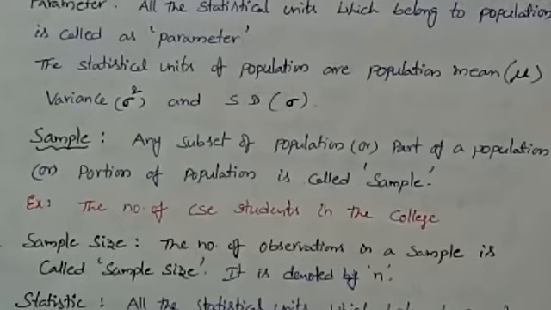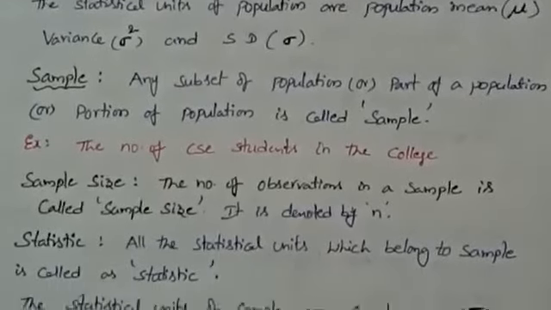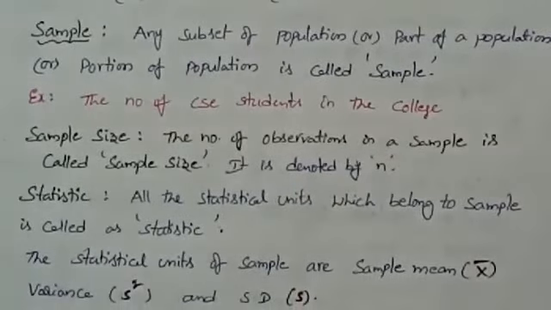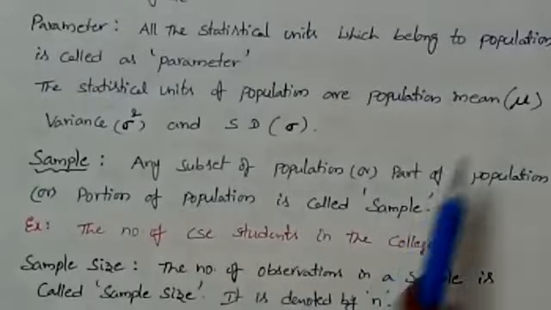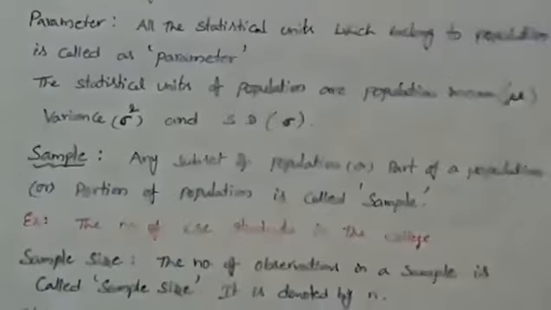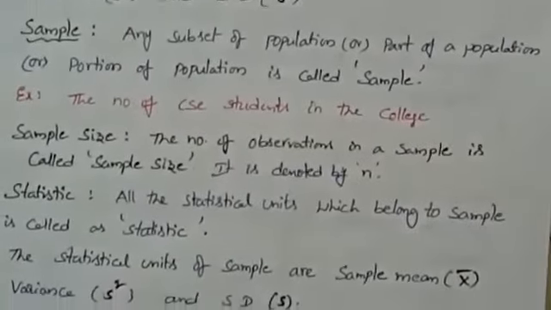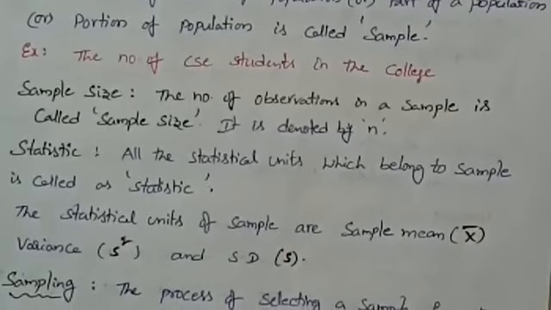Related statistic: all the statistical units which belong to the sample are called statistics. The units are the same: sample mean, sample variance, and SD, but the notations are changed. For the population, the mean is mu, variance is sigma square, and SD is sigma. For the sample, the mean is x bar, variance is s square, and SD is s.